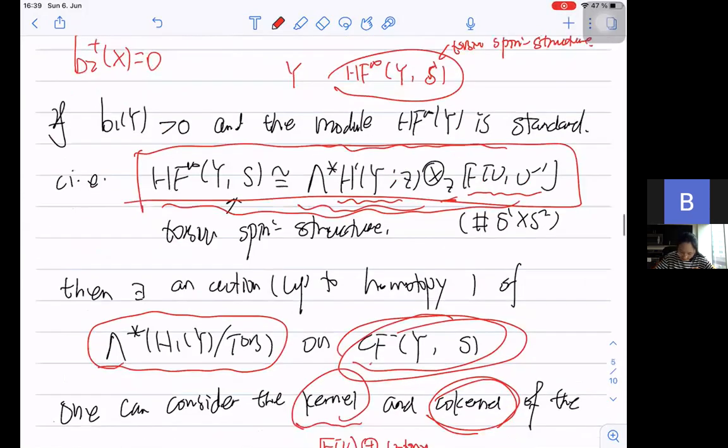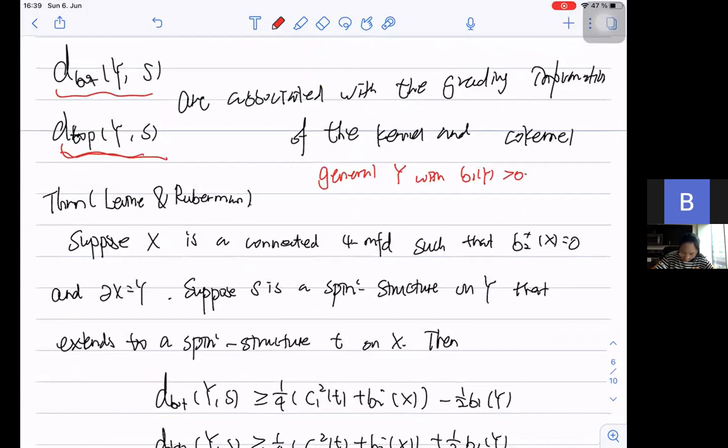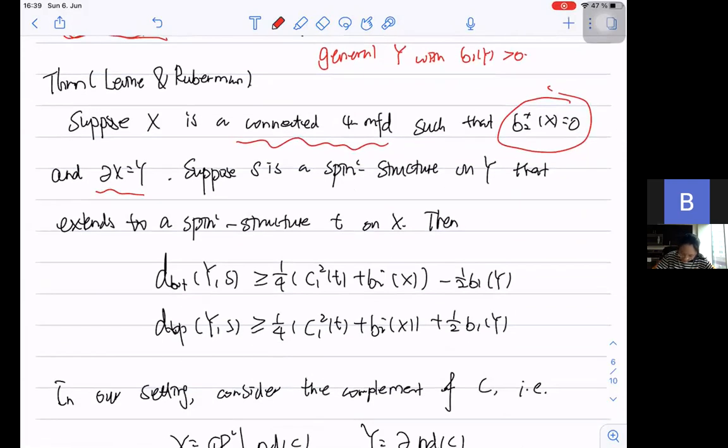This is a theorem given by Levine and Ruberman: suppose X is a connected four-manifold with negative semi-definite intersection form, restricting the positive second Betti number to be 0. We assume the boundary is Y, and s is a spin^c structure on Y that extends to a spin^c structure t on X. Then we have the following inequalities.